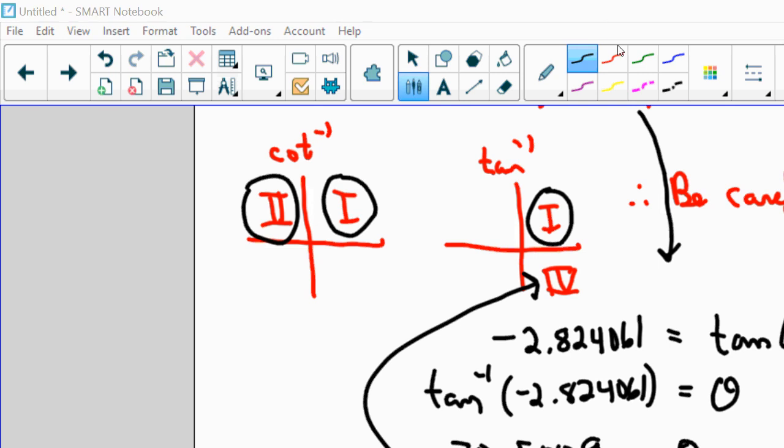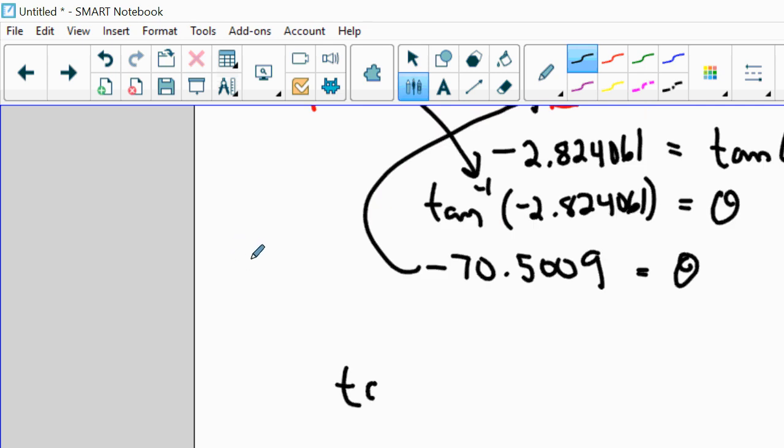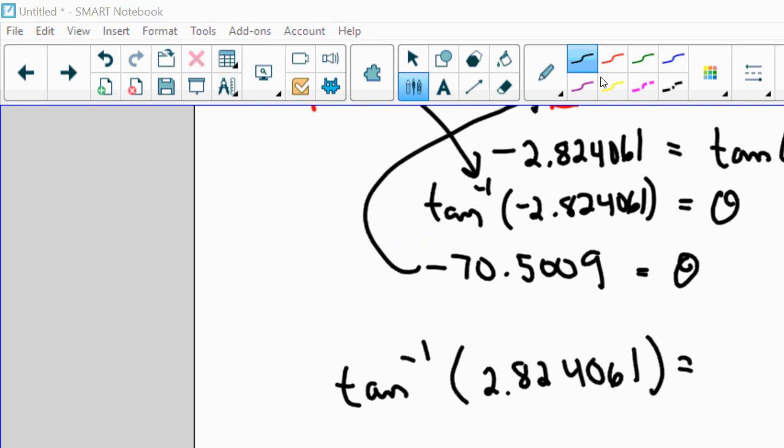So my own personal rule of thumb is, if I'm the person who decided to inverse something, I never inverse a negative number. We know what quadrant we're in, so let's just find the reference angle. So I'm going to go inverse tangent of 2.824061. And of course, on my calculator, I'm going to get 70.5009, knowing this is theta ref, the reference angle.